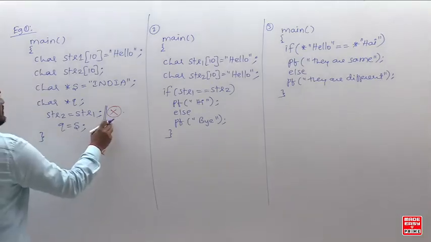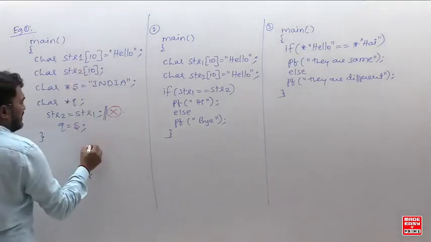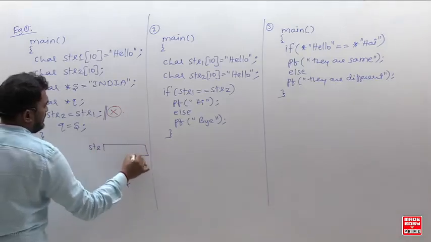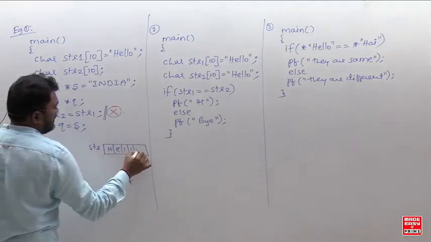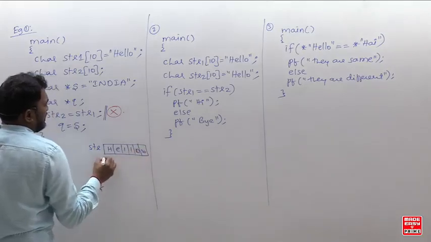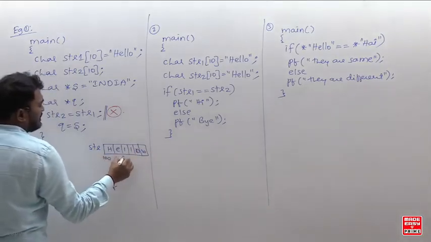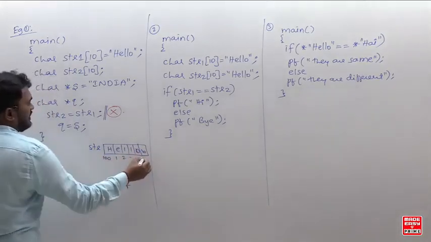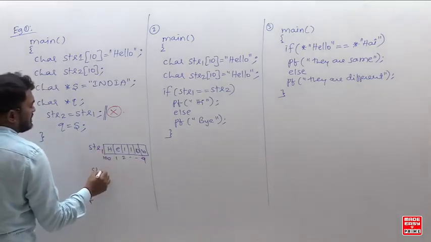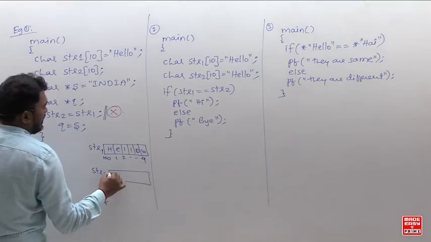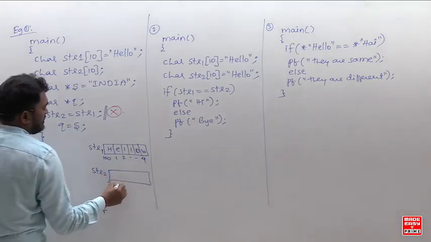If anybody is having doubt, listen here. String 1, str1, is having HELLO and a null character. Some base address is there, 100, 101, like this up to 109. And this is string 1. And next, string 2 is also having some base address, 200.